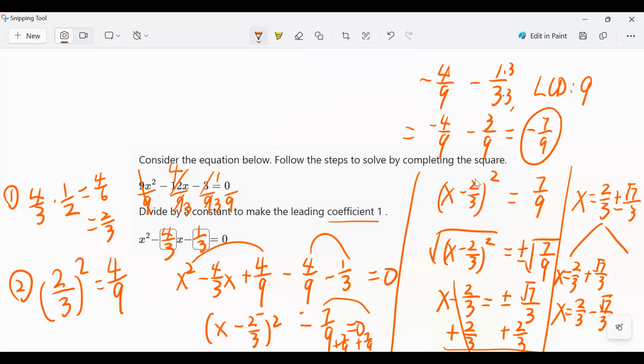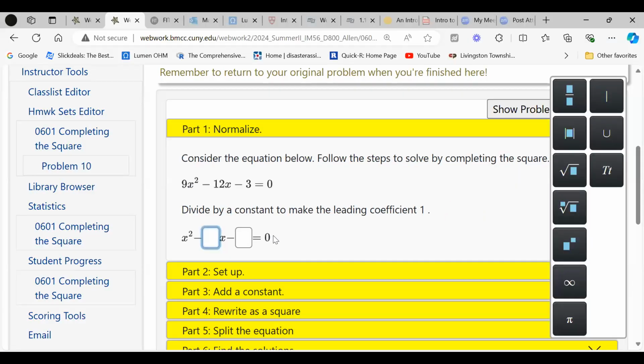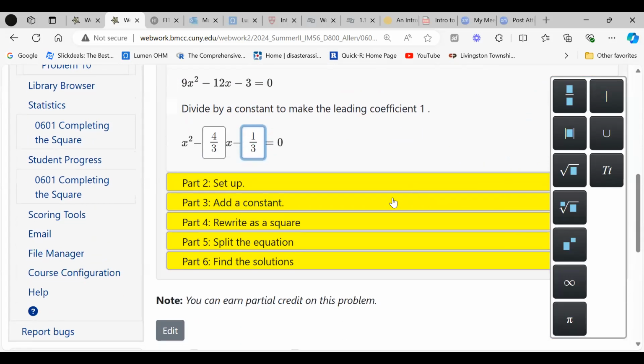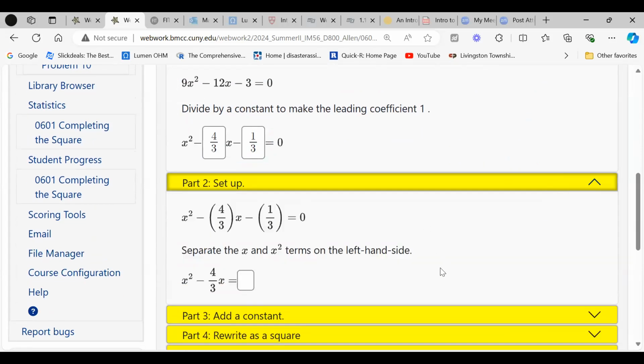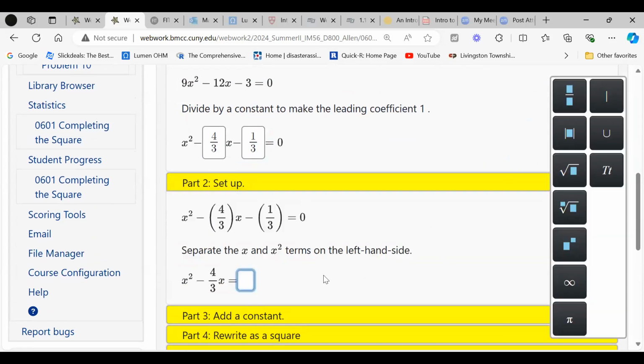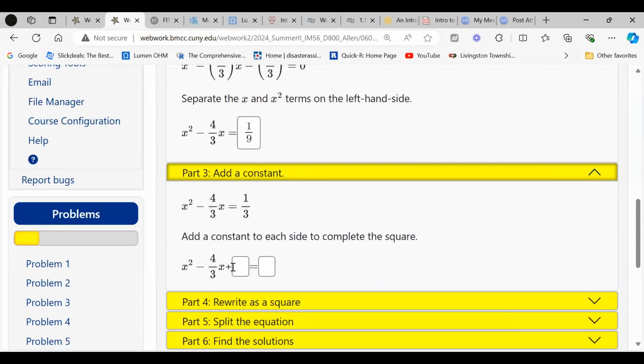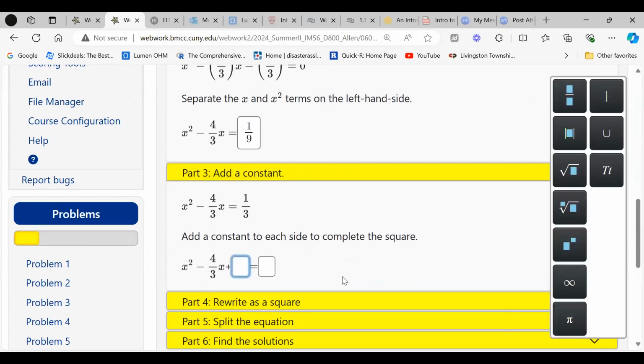That's basically how you solve it. Any question? So this is for the 4 over 3, and then 1/3. So you're going to feed in all the numbers here. Set it up. Well, we can move the other, like 1 over 9, to the right hand side. Add a constant. The constant is going to be 4 over 9.